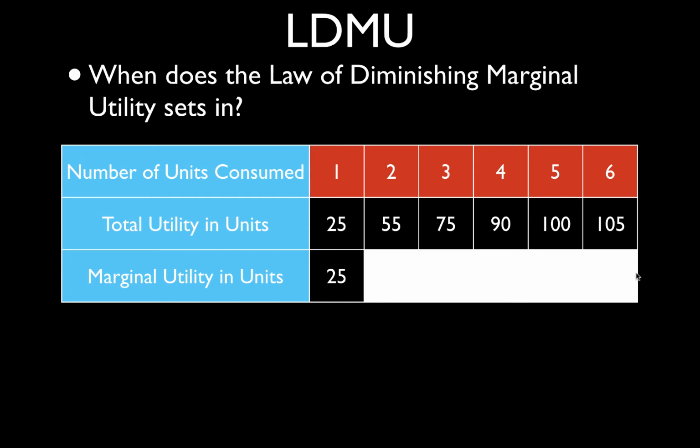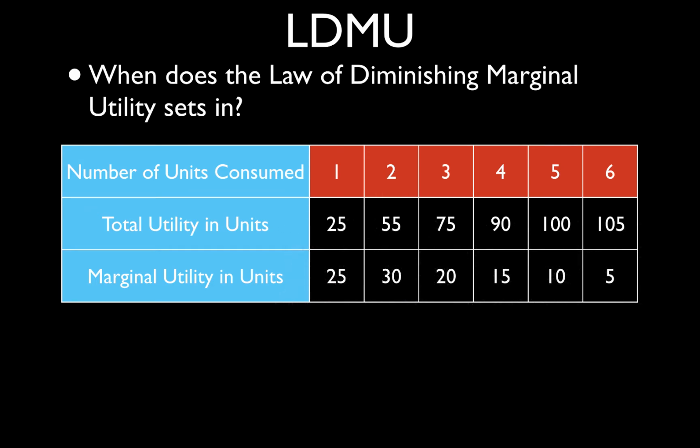So I'm going to remove this here, and this is giving me the marginal utility. The total utility is how much happiness you get after you've consumed, let's say, 3 goods: 75. But the marginal utility tells you how much extra happiness each good gave you. So going from 0 to 1, the total utility is 25 and the marginal utility is 25.